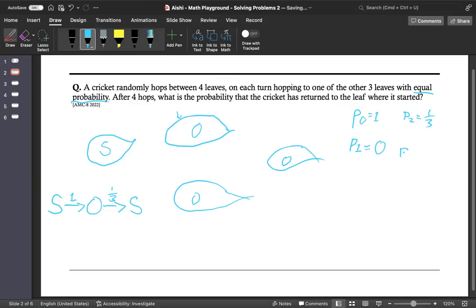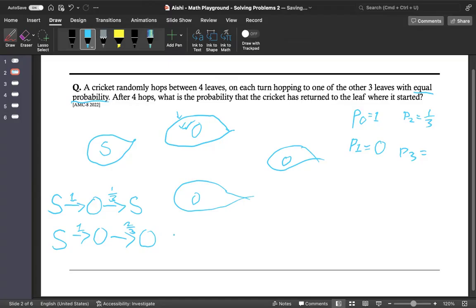And probability that it's going to be back in three hops, sorry. So we have S goes to O, which is 1. O goes to another O, which is 2 by 3, because at 1 O, let's call it this one, there's two leaves out of three leaves, which are called O, from where the cricket can go to.